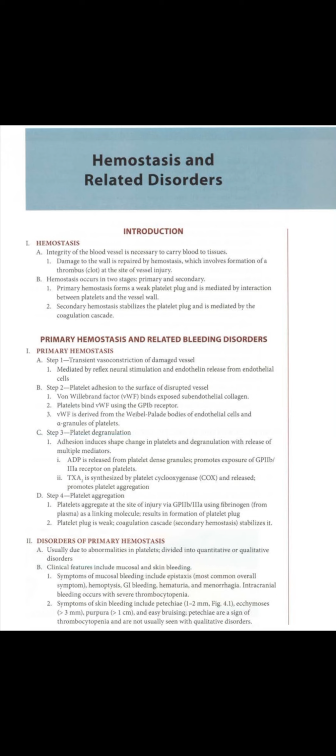Platelet adhesion to the surface of disrupted vessel. Von Willebrand factor binds exposed subendothelial collagen. Platelet binds von Willebrand factor using the GPIb receptor. Von Willebrand factor is derived from the Weibel-Palade bodies of endothelial cells and alpha granules of platelets.